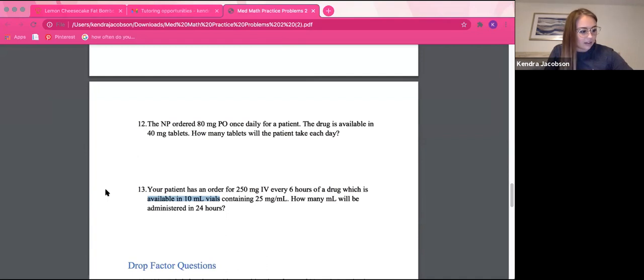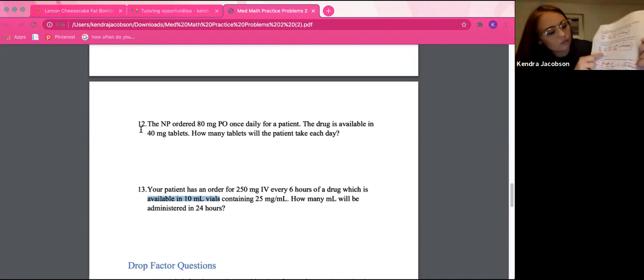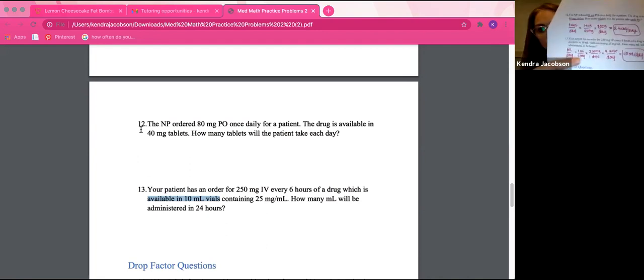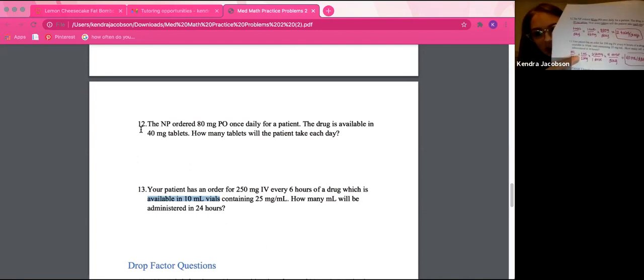Wait, hang on here. I think I did that wrong, actually. You are actually going to want to put 1 dose instead of 1 day, just because you are trying to get rid of the doses. So you're going to have the 1 milliliter over the 25 milligrams.